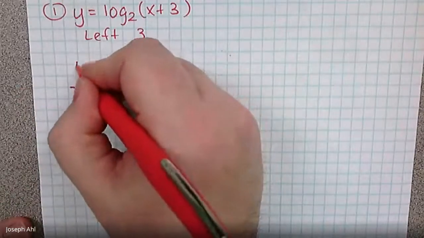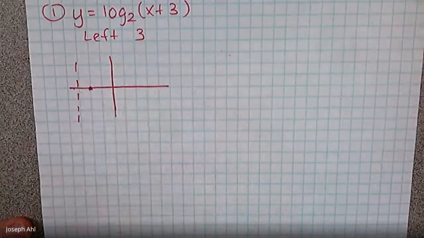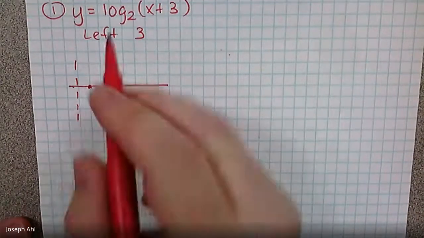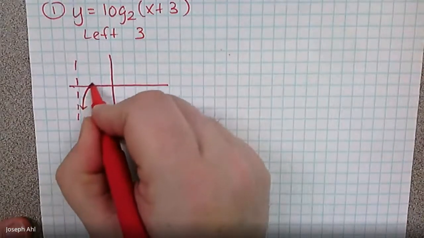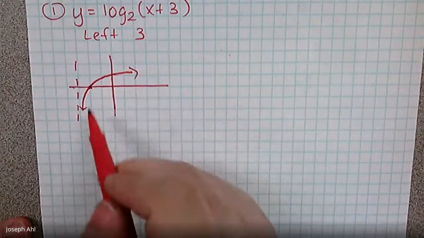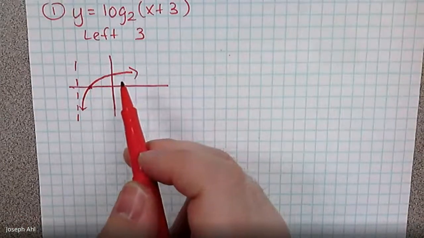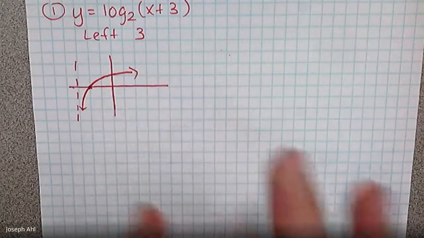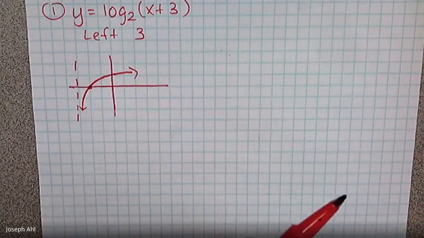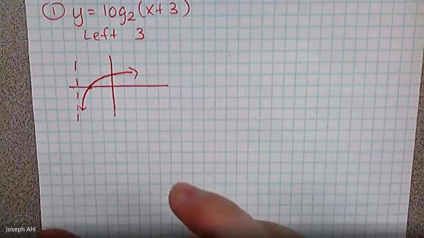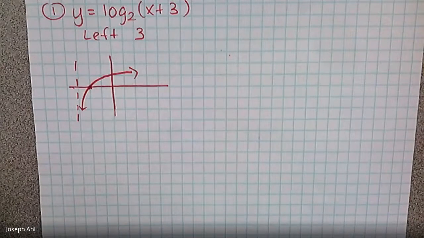So we get x equals -3 as the new VA. And if I sketch the general shape, you'll notice that we will cross the y-axis. I'm not too concerned about you crossing in the exact location there. We can find that exact location if we wanted to. But just knowing that the graph does shift to the left 3 units, carrying that x-intercept over, I think would be a nice thing to do.